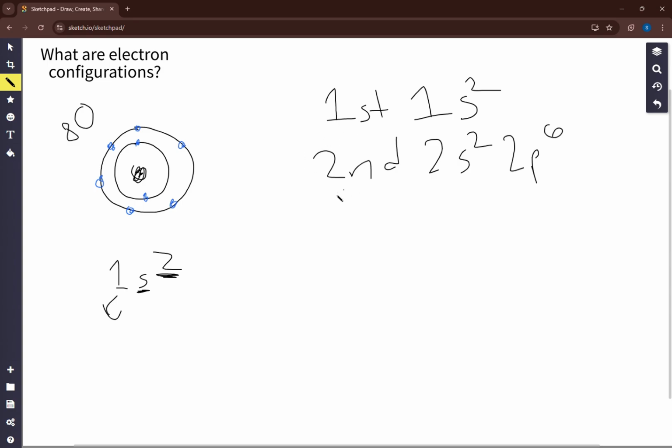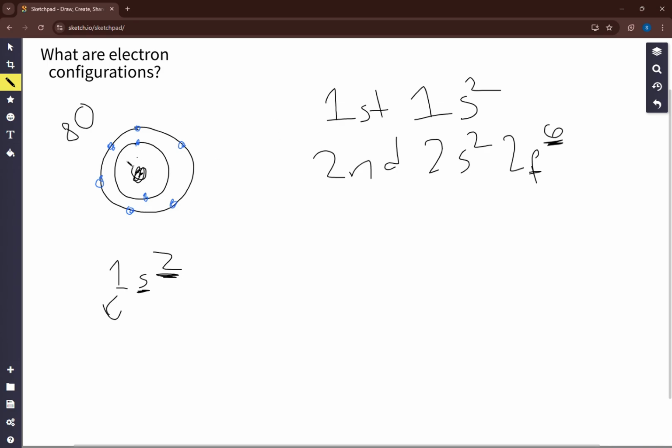For the second electron shell, we're going to have 2s2 and 2p6. The difference between the p subshell and the s subshell is that the p subshell is able to hold 6 electrons.